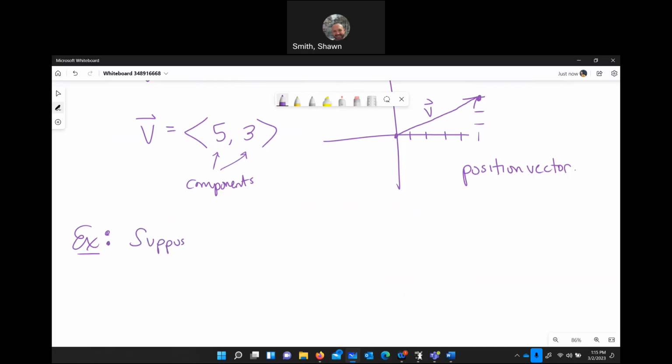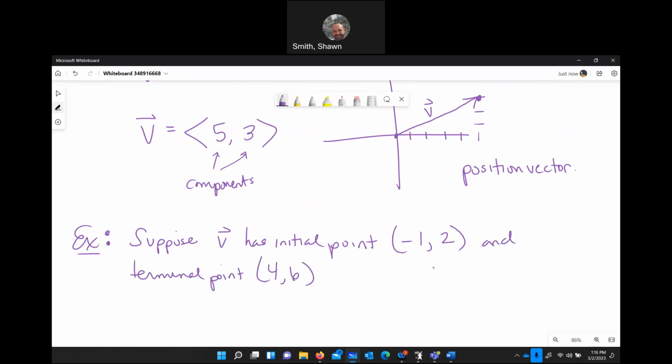All right, suppose vector v has initial point -1, comma 2, and terminal point 4, comma 6.